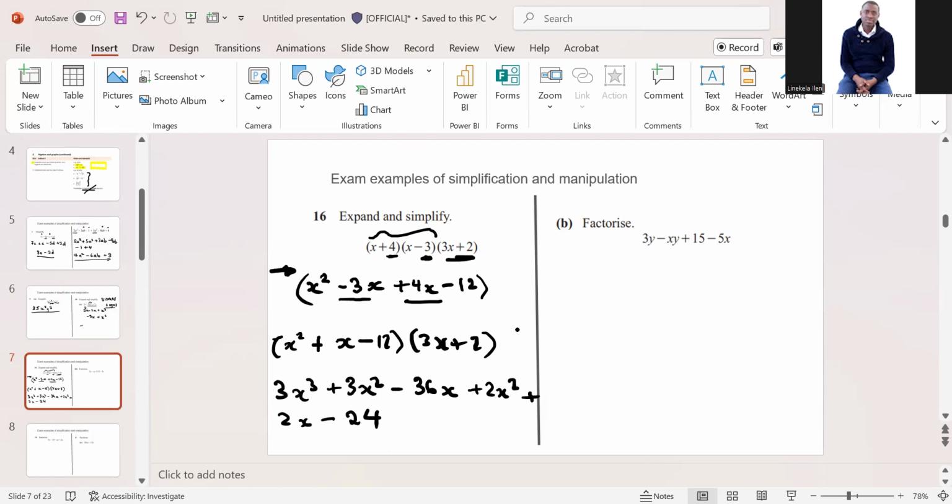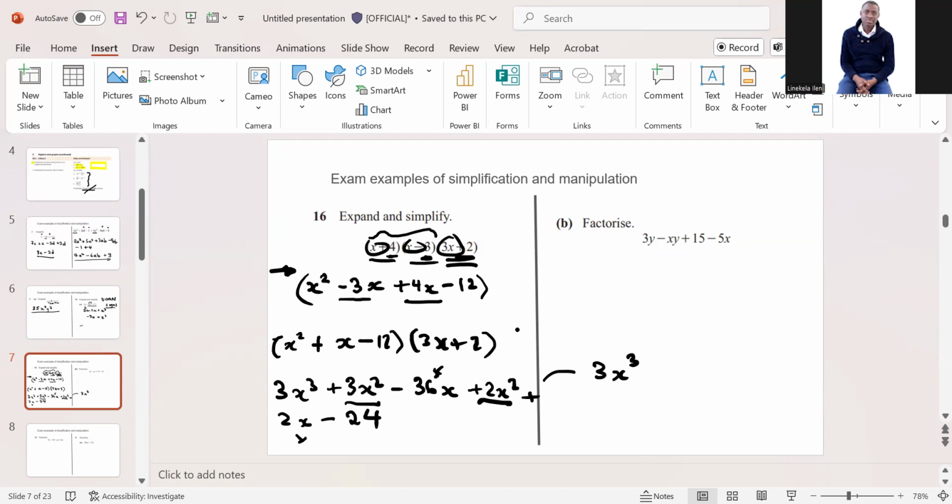So then obviously you start collecting your like terms. That and that are like, and this and that are like. So you'd end up with an expression now. If you simplify it, it will be 3x cubed. And there's a reason why it has to be cubed, because there were 1, 2, 3 brackets and 3 x values, so it will be cubed.